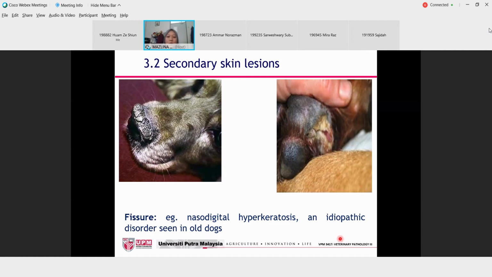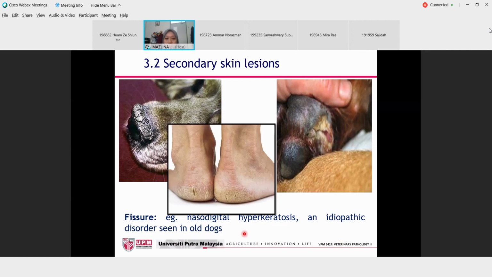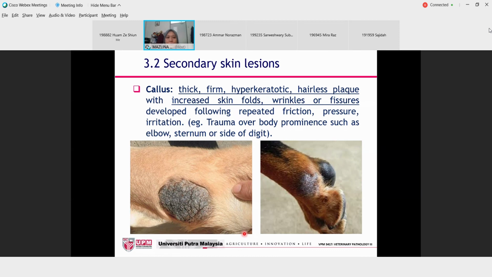Commonly seen in old dogs. Okay, in humans, typically cracked heels are a form of fissure. Okay, dried cracked heels. Okay, so next we move on to callus.